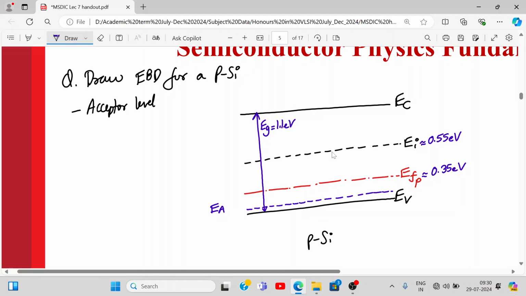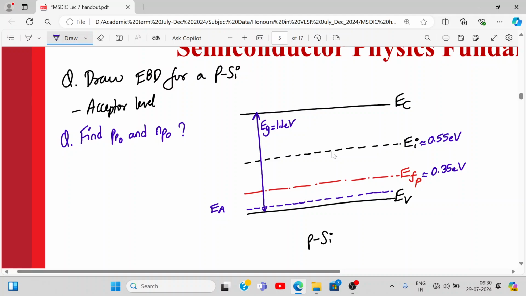Given this information, you need to find the majority and minority charge carriers. For this p-type silicon, find PPO and NPO for this diagram. So let's find that out.